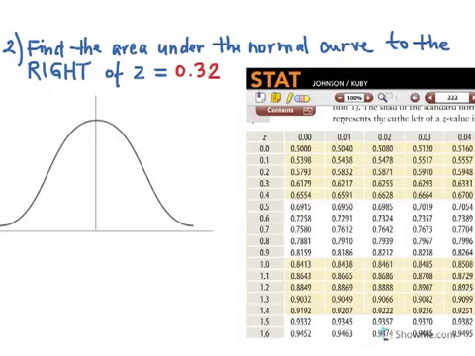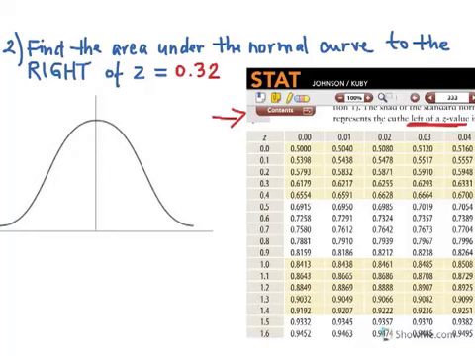This is the key factor in determining probabilities associated with values to the right of a z-score, because the table gives us values that lie to the left of a z value. So we find the area to the right by subtracting the left area from 1. Let's understand that.